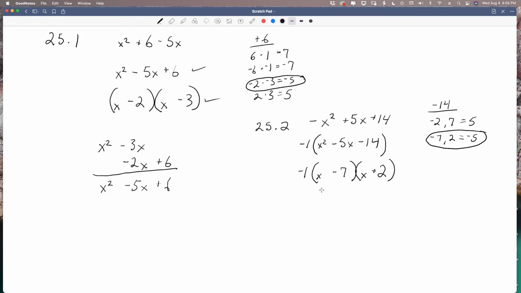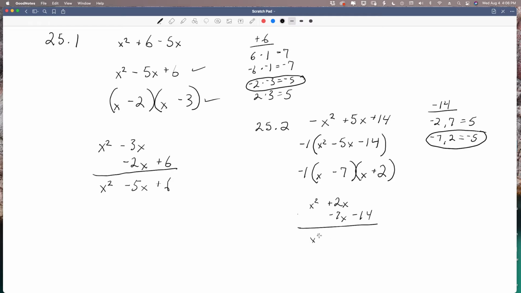We say x times x is x squared. X times positive 2 is positive 2x. Negative 7 times x is negative 7x. And negative 7 times positive 2 is negative 14. Okay, and we combine like terms.